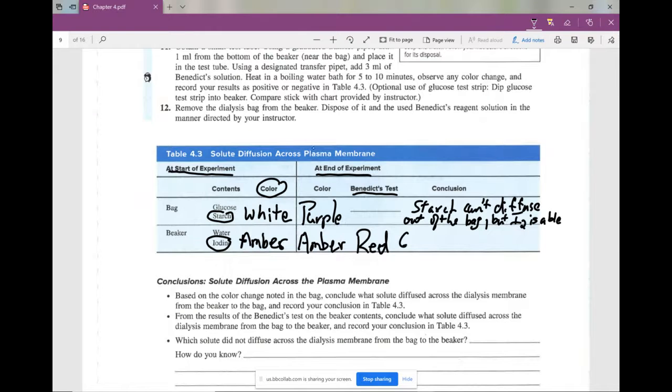That means glucose diffused out of the bag and into the beaker. Okay, and you guys can reword that so you can make it fit if you want.